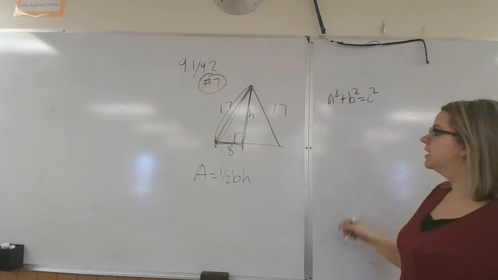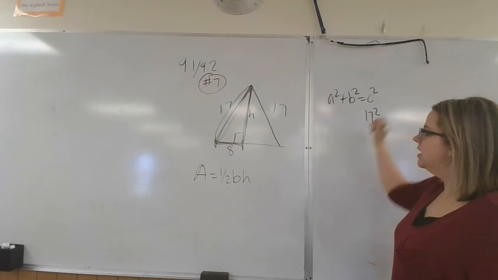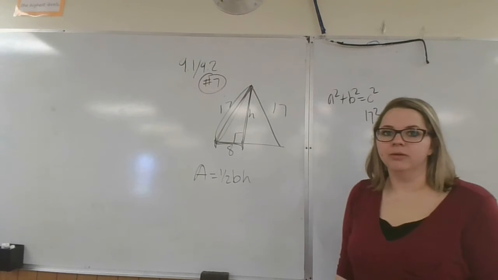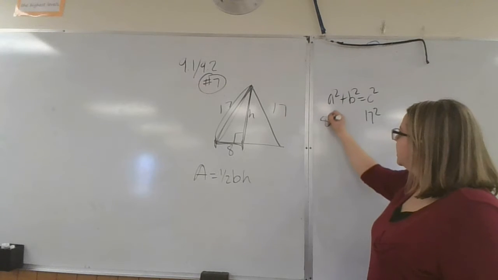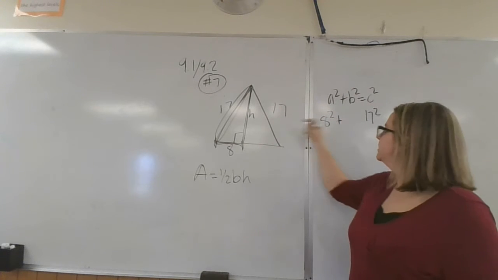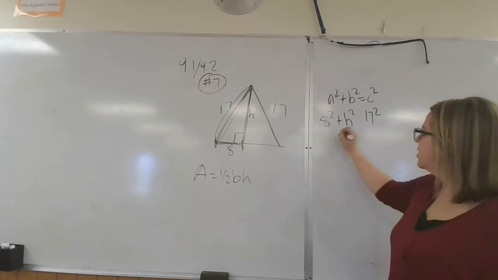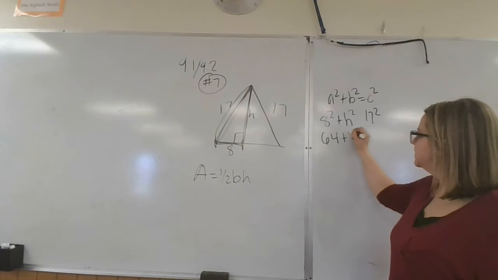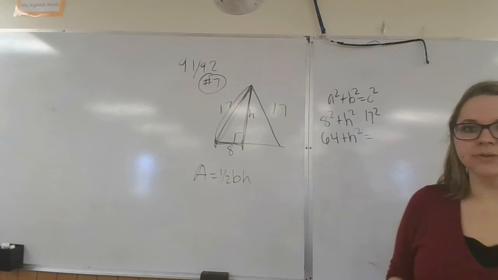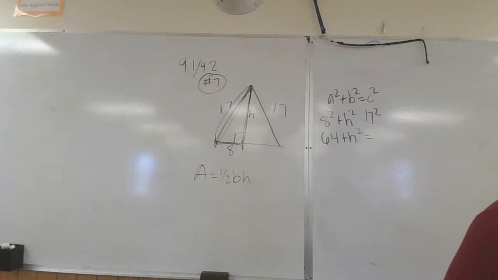Okay, so I'm going to plug it in. I got 17 for my c, and I can put this in for a or b. I'm going to put it in for a. So a squared plus, we don't know what this is, it's just h squared. 8 squared is 64 plus h squared equals 17 squared, which is 289.